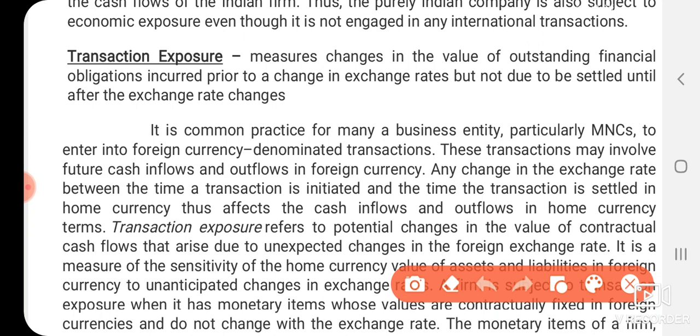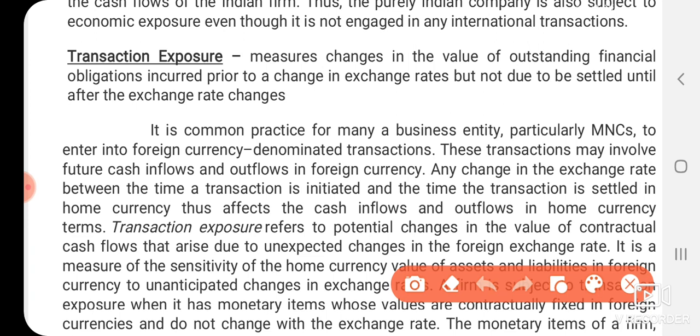In one word, if any such risk occurs in a transaction or dealing from any country to country across the global world, we call it transaction exposure.